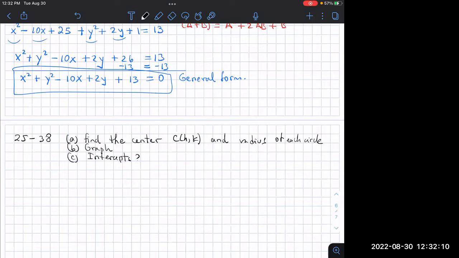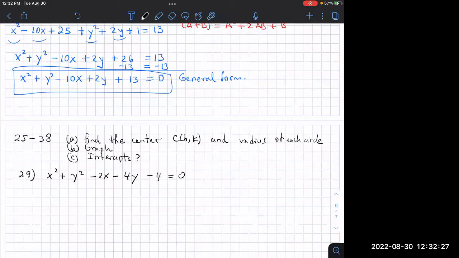I said let's do 29. x squared plus y squared minus 2x minus 4y minus 4 equals 0.